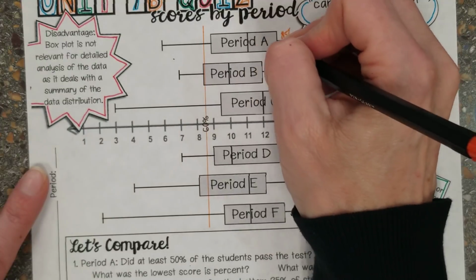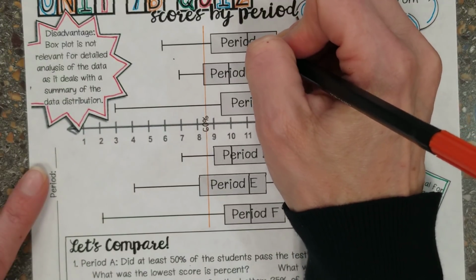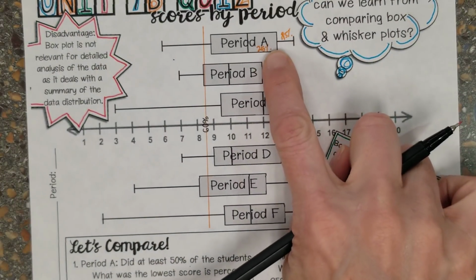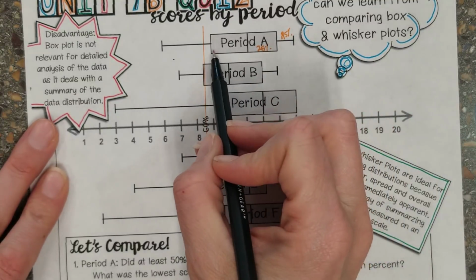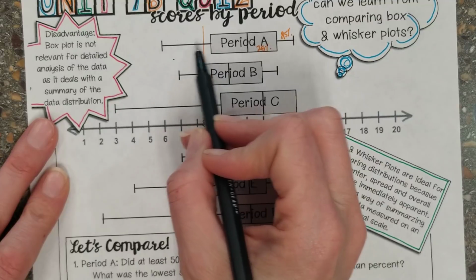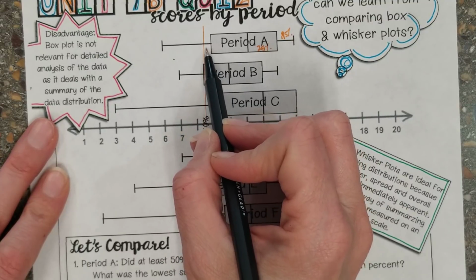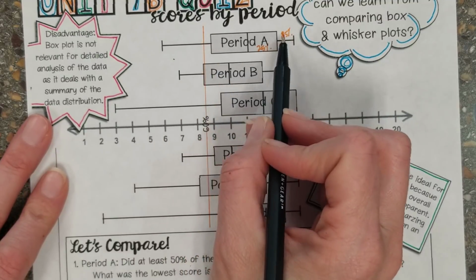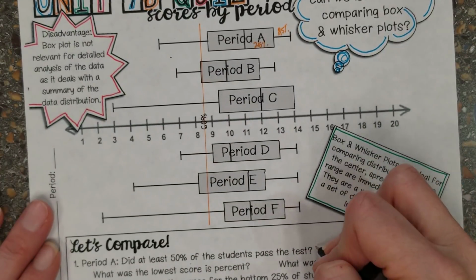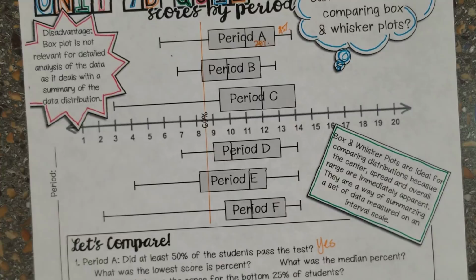And I know from this line to this line is 25%. So 25% plus 25% is 50%. And you can see there's actually a whole other 25% right here, and then a little bit of the last remaining 25%. So it's probably at least 80% of the students who pass this test. So then you can answer yes on that first one.